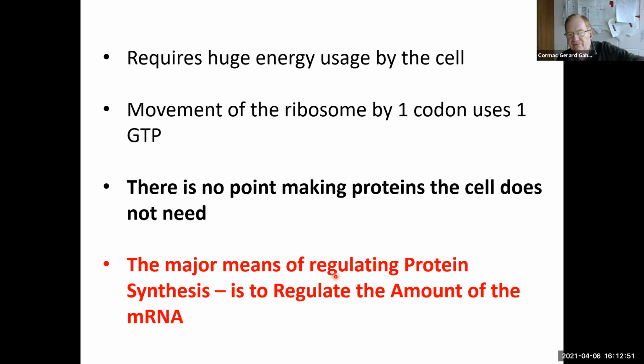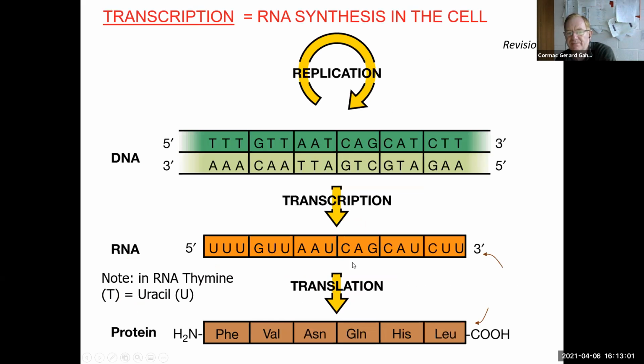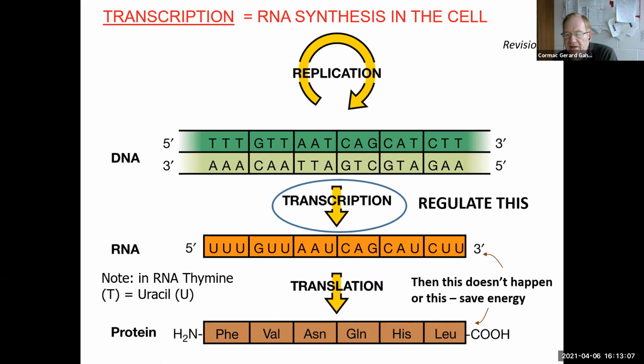And the major means of regulating protein synthesis is actually to regulate the amount of the messenger RNA. Okay, and if you can regulate the amount of message, then you're going to stop certain proteins being made. So in other words, if you can regulate transcription, then translation doesn't happen. And you can save a lot of energy because you're saving energy here and then you're saving energy there.